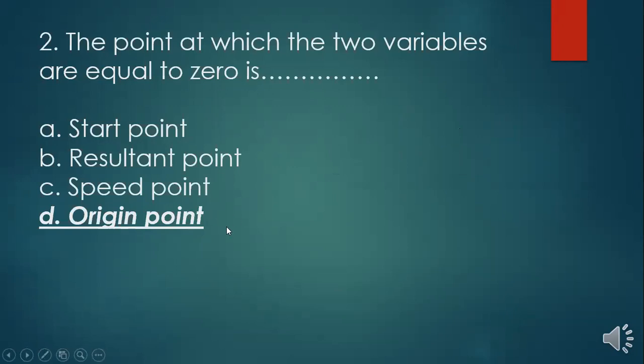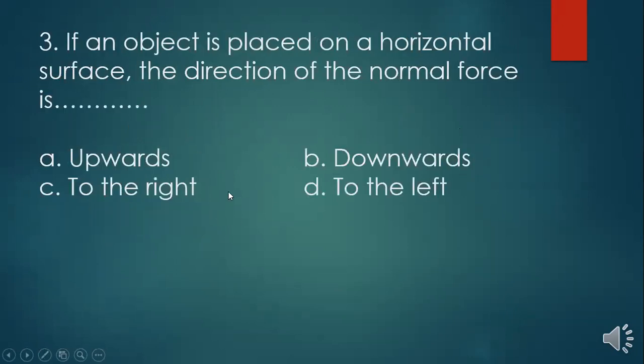The origin point. Next, if an object is placed on a horizontal surface, the direction of the normal force would be, right? So let's see this one. We met previously so many types of forces. We're not going to go through all of them now, but we are going to discuss specifically the normal force. Normal force is the force applied on an object when the object is placed on a horizontal surface.